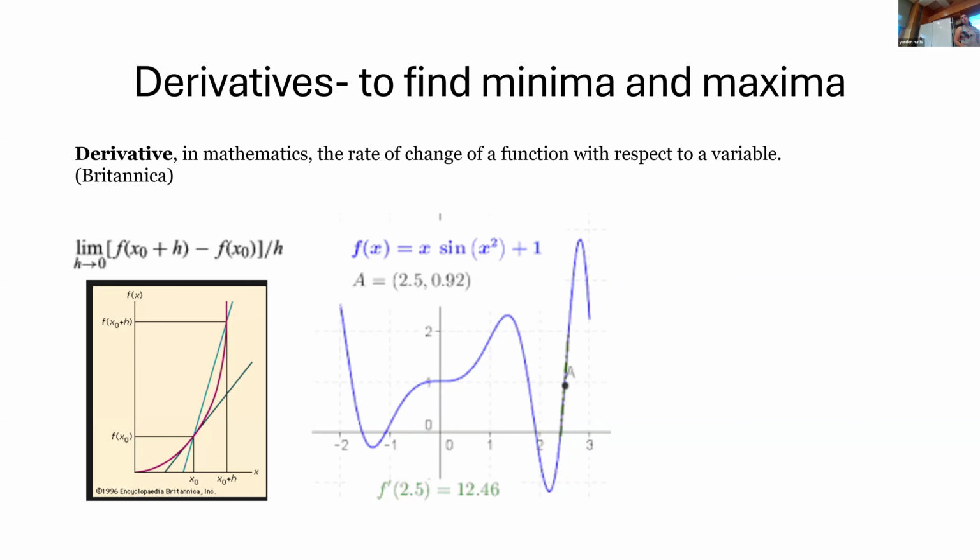And when it's red, you can see that the function is going downward. This means that the derivative is negative, okay?